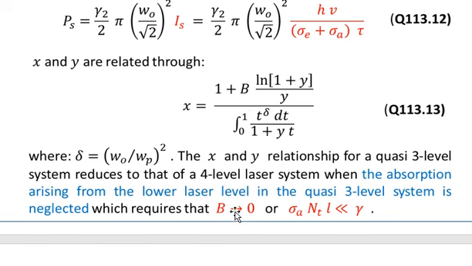This requires that B should be equal to 0, or sigma A times NT times L should be much less than gamma. Under that condition, this expression, which is given in equation number 13 for the case of a quasi 3-level laser system, will reduce to the expression which we have obtained for the 4-level laser system in one of the previous slides.